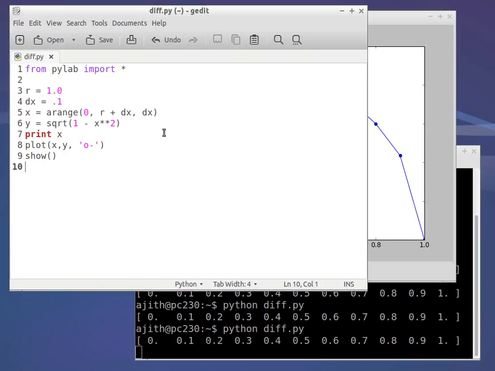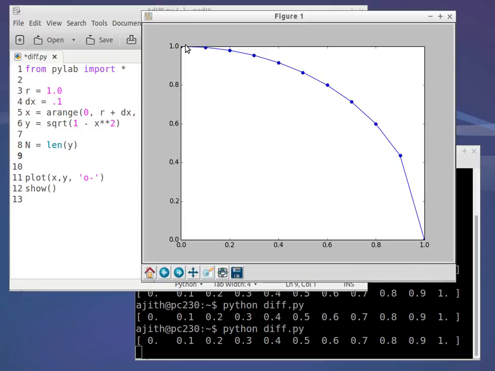So let us proceed towards that area calculation, and we need to know the length of the array, right? So how many are there? If there are n points, say there are 10 points, there will be only 9 trapezoids, right?